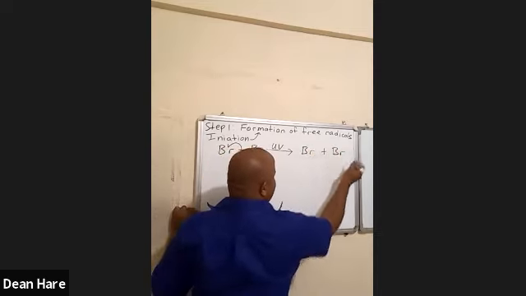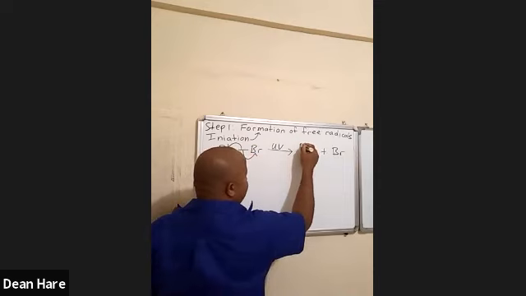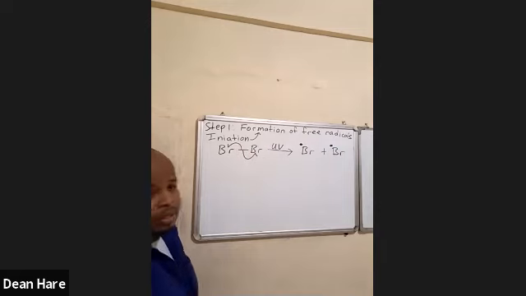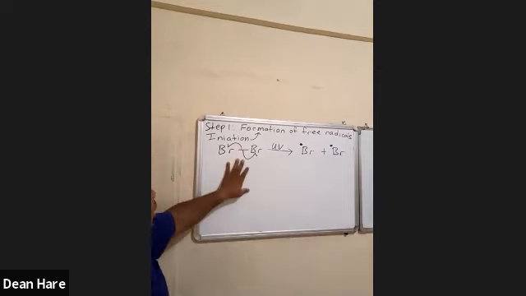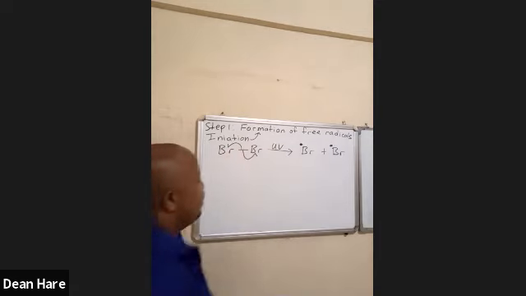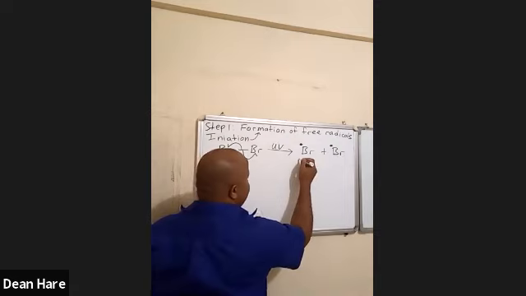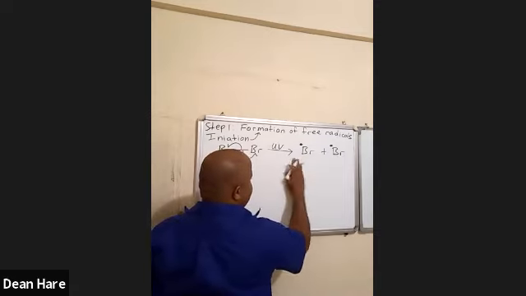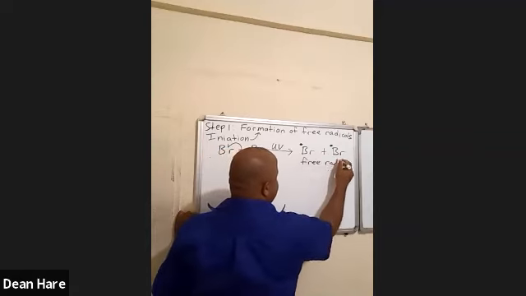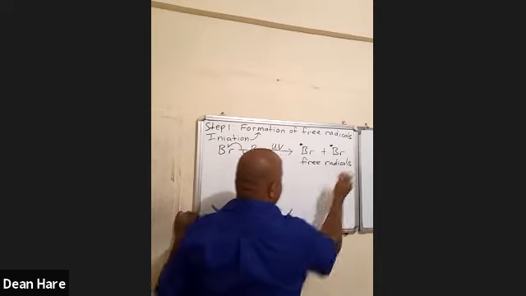And remember, in homolytic bond breaking, each atom of the bond gets one electron. So that is initiation. The molecule is broken homolytically, and so these are your bromine radicals, which we call the free radicals.